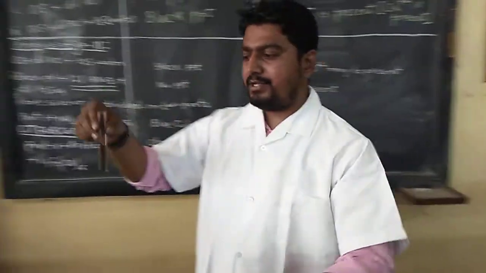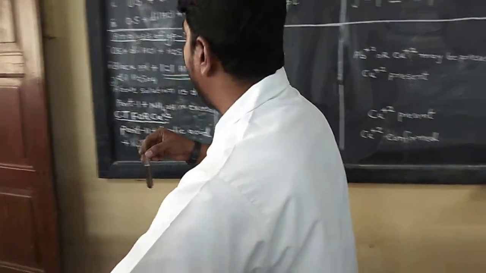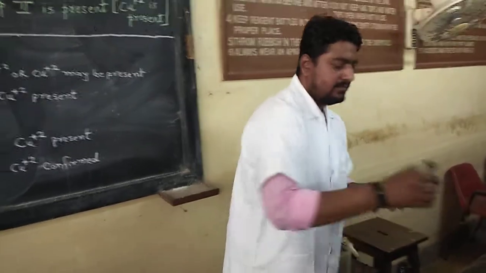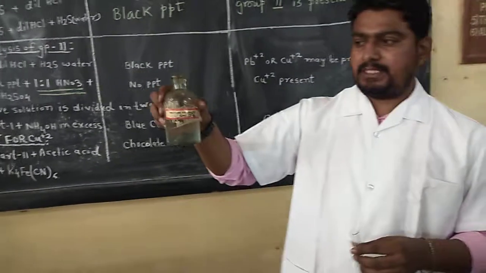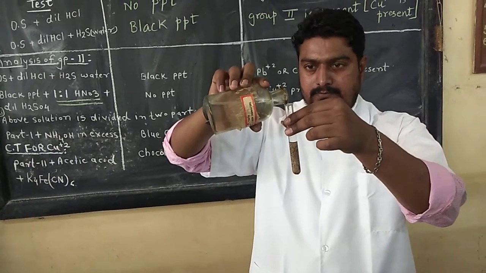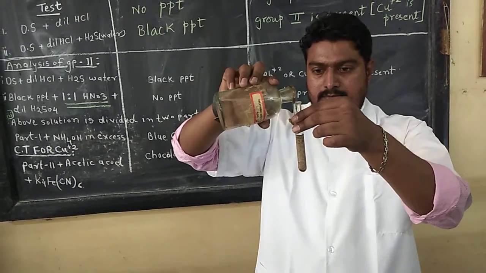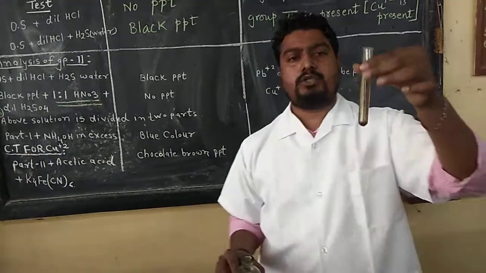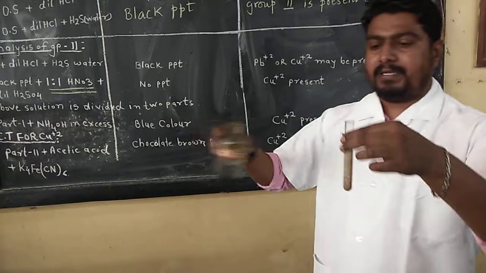After addition, we have to add dilute sulfuric acid into it. So here we have dilute sulfuric acid, bottle number 7. I am adding dilute sulfuric acid. After addition of dilute sulfuric acid, the precipitate will dissolve and you will get no PPT.